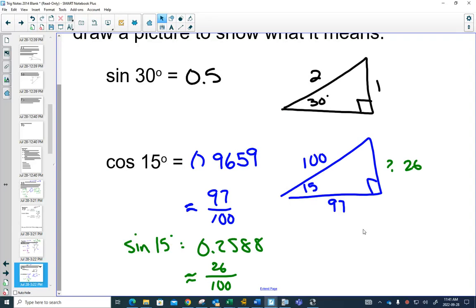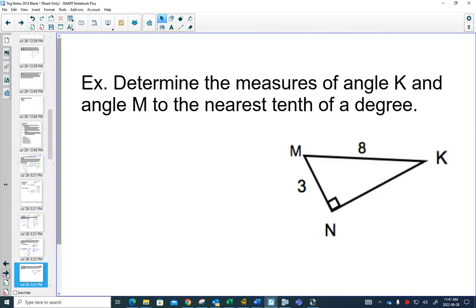I could go 966 over 1,000. It would be closer. But what the ratios give us is an idea of what the triangle looks like. And it gives us an idea of what we could use as an approximation for hypotenuses, opposite sides, and adjacent. Where it's really powerful is when you know two things on a right triangle, you can find everything.